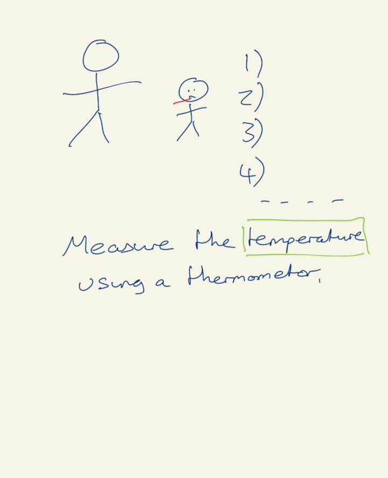So every variable has to have two factors to it. They have to have a property, and they have to have a thing. Okay? Property and a thing. Maybe like an adjective and a noun.